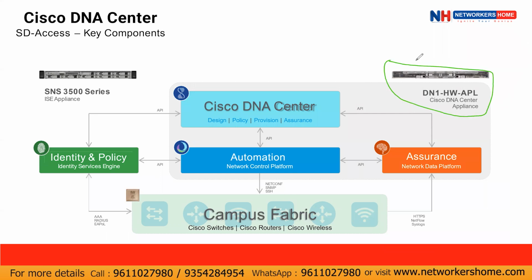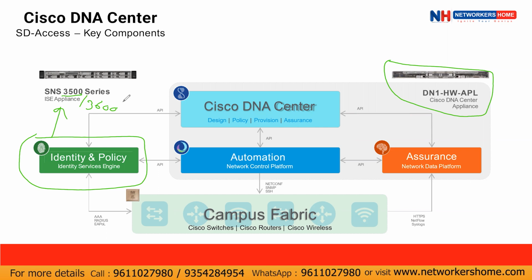hardware appliance. DN1, now the latest one is DN2, hardware appliance, which is nothing but an SNS server again, which has the DNA Center application installed onto it, same as it is done in ISE. ISE, everyone knows, is an SNS appliance, and can be deployed virtually as well on ESXi or Red Hat Linux. 3500/3600, which is the latest series. 3615, 3695, based on the type of deployment which you have, small, medium, or large scale.